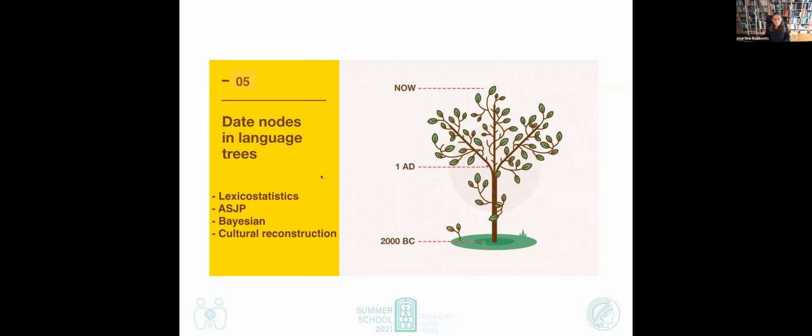There are a number of methods for dating nodes in the language trees. The most frequently used and efficient ones are, again, the Bayesian methods. In the Bayesian method, we use language divergence over tested time spans to calibrate. And the Bayesian method also gives you a time depth and quantifies how likely it is that it falls within a certain credibility interval.